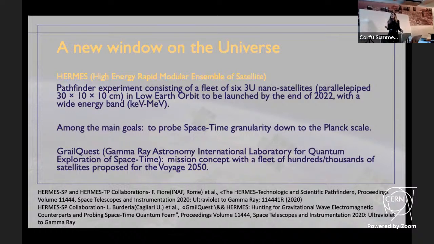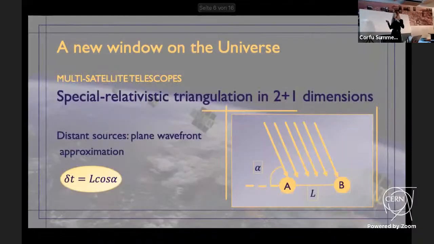But among its goals, there is exactly the one to probe the space-time granularity down to the Planck scale. And this will be followed in 2050 by the Grail Quest, which is a mission concept with a fleet of hundreds or even thousands of these small satellites.